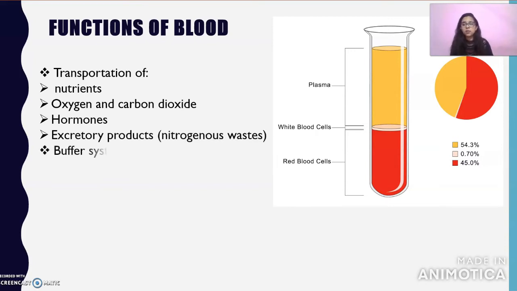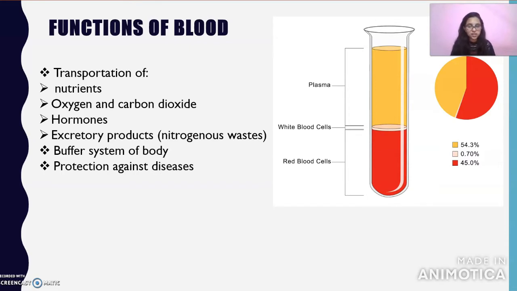The second is the buffer system of our body, that means maintaining the pH of the body. Then protection against diseases. Our white blood cells are doing this job. Next is blood clotting. We will be learning this work of platelets afterwards in detail, and then water balance.